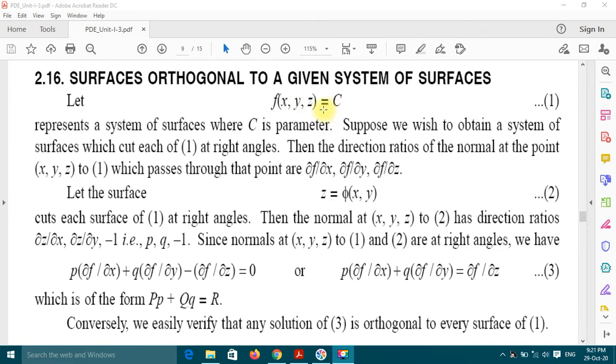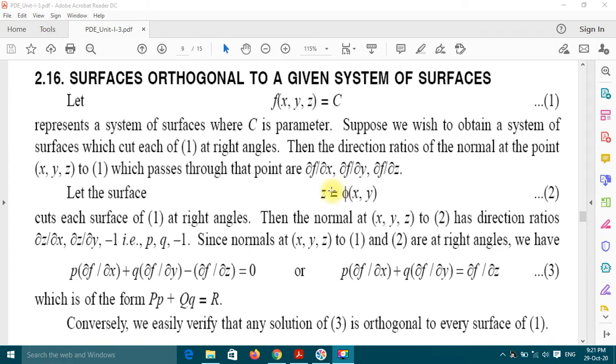Now two lines in 3 dimensions are perpendicular or orthogonal if the sum of the products of their direction ratios is equal to 0. Now we first find the direction ratio of surface 1. Then the direction ratio of surface 1 is given by ∂f/∂x, ∂f/∂y, and ∂f/∂z.